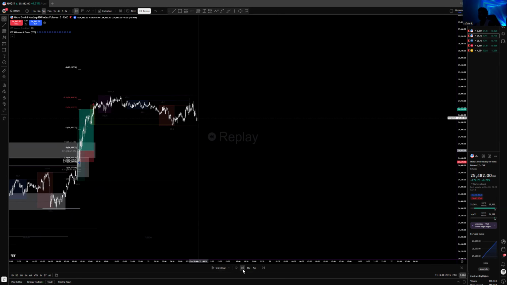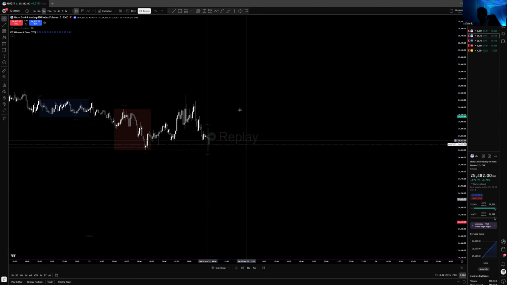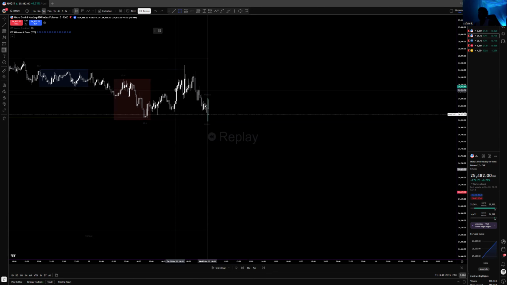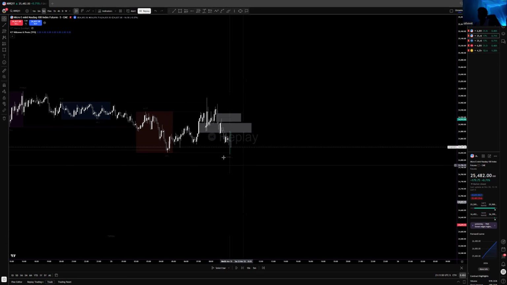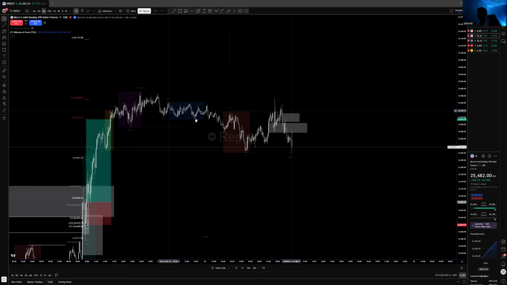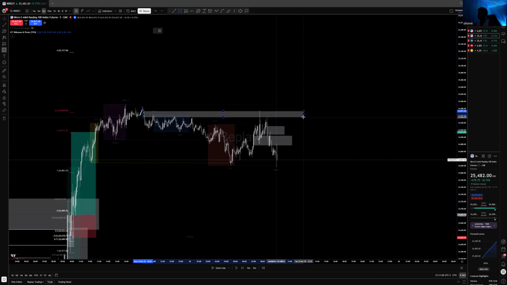So we swept out two highs up there. The reason I'm going for a sell is because this one inversion we have, a fair value gap that's been respected, and we also swept out the London, I mean Asian highs, and also respected this fair value gap.